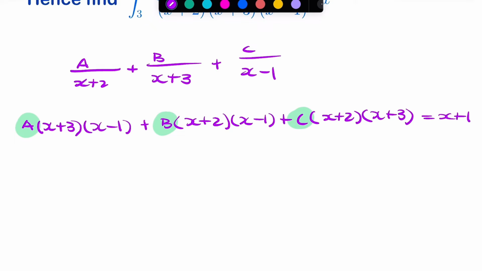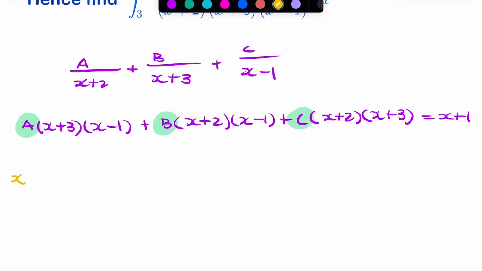So one method of solving this is to take three different values for x and then try to solve for a, b, and c. So in order to find a, I'm going to take x equals negative 2, so that this becomes a 0 and this becomes a 0, and we can solve for a.